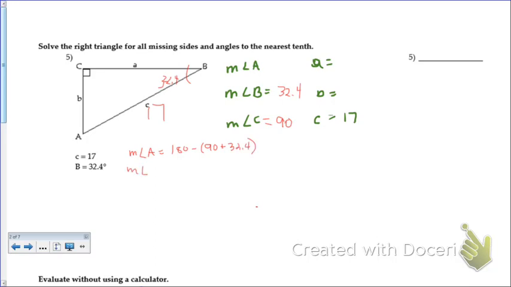And so the measure of angle A is 180 minus 122.4. And so that's going to equal 57.6 degrees. So that's the measure of angle A.